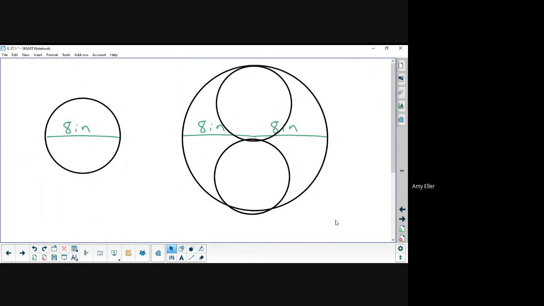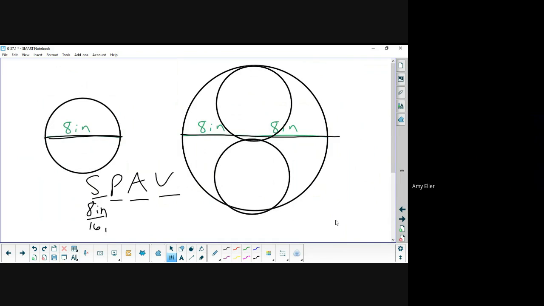Here's why. The sides ratio. Now, I know this is not a side, but it's a single dimension, so we still categorize it as a side because it's just one dimension. It was 8 inches, and this was 16, which simplifies to a half.